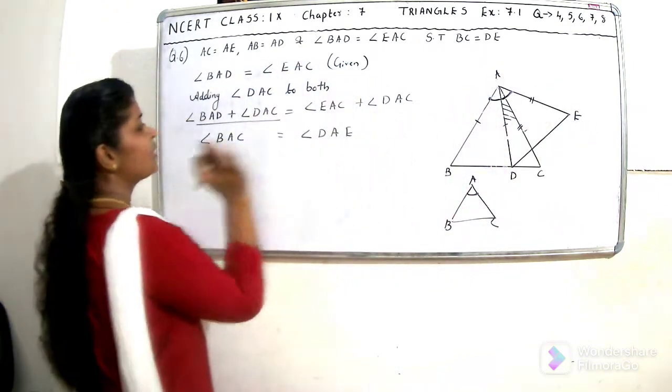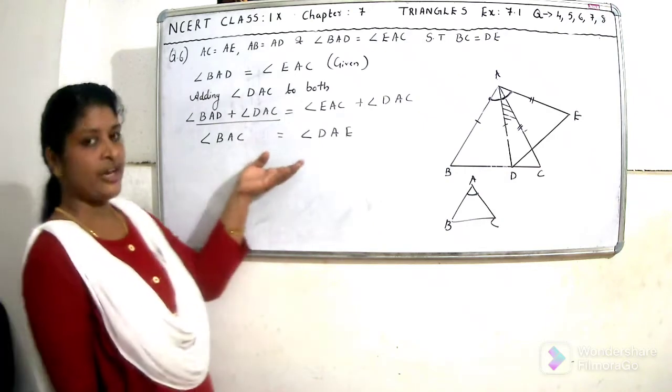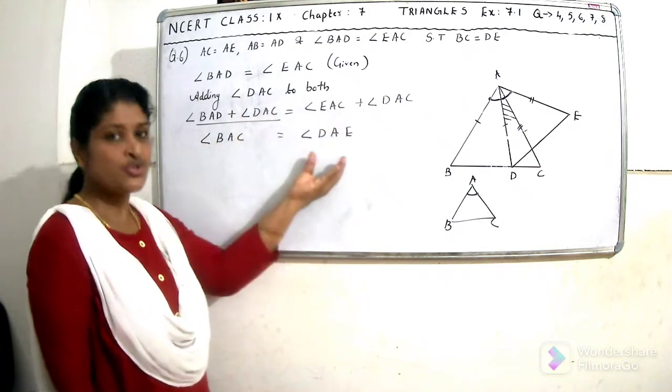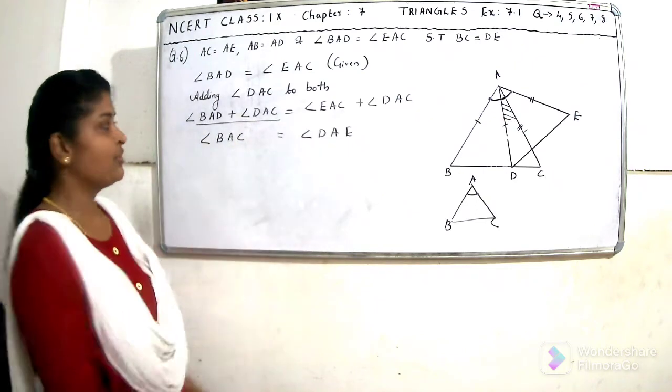These two angles are equal, because we are adding equals to equals, so the result is also equal. In that sense we got this.